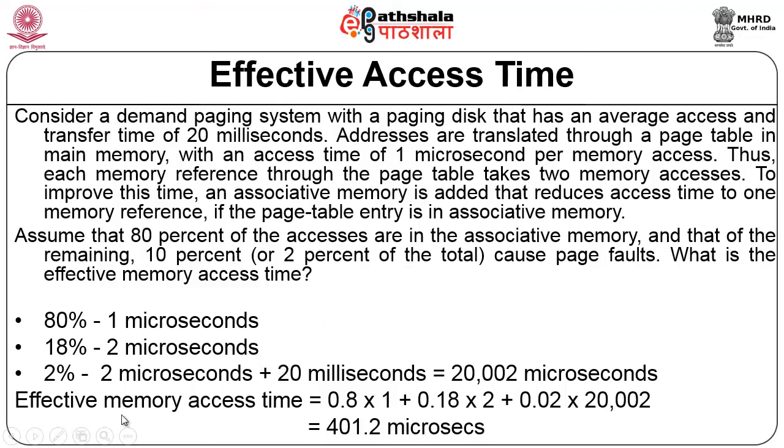Here you see that even though you have only 2% of page faults, the effective memory access time goes to 401.2 microseconds compared to 1 microsecond if you find the page table entry in the associative memory. So, the effective access time is directly proportional to the page fault rate. So, the page fault rate has to be reduced as much as possible.